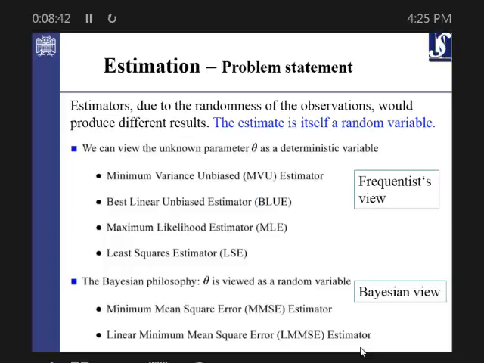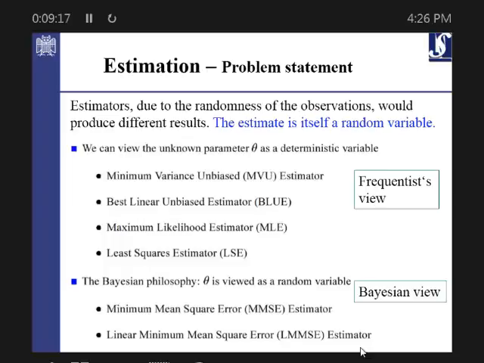The techniques under the umbrella of the frequentist view implicitly think of a repeatable experiment, which can be repeated several times, and then you can count the number of outcomes, and based on that you can assign a probability to the occurrence of the desired event.